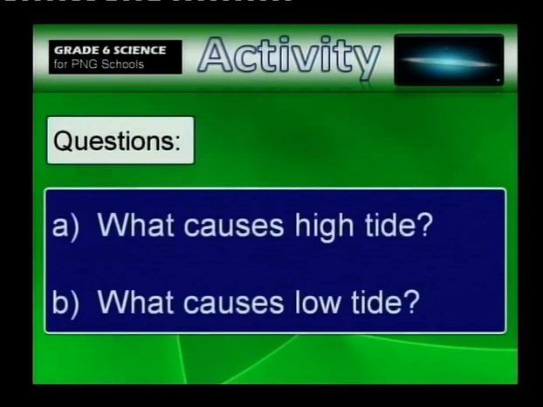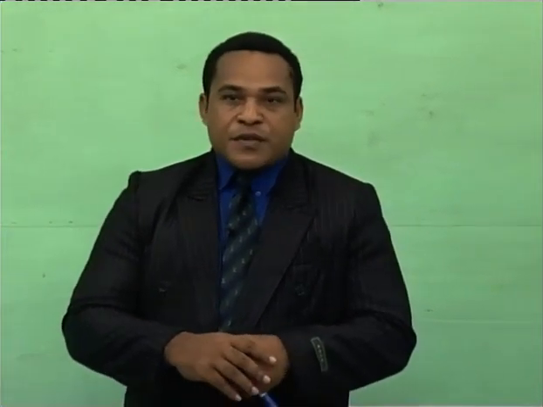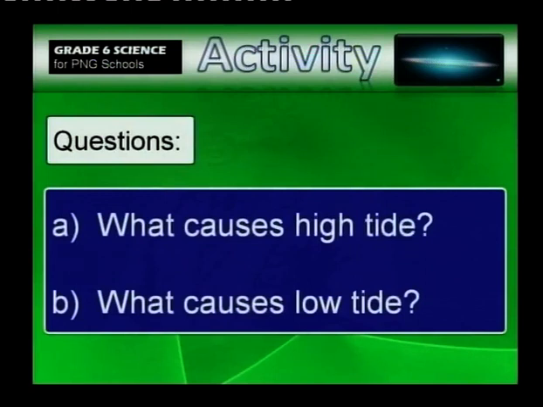You will still work in your groups, and I want you to discuss among your group members and try to identify what is the cause of low tide and what is the cause of high tide. Are we clear, receiving students and 6C? Okay, so I want you to copy down these two questions into your exercise books.